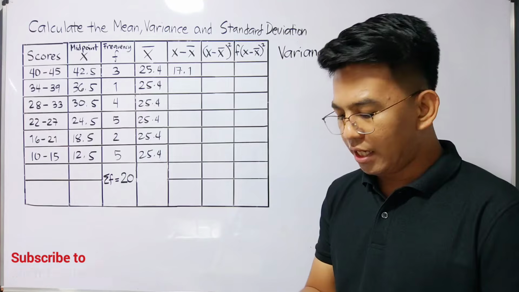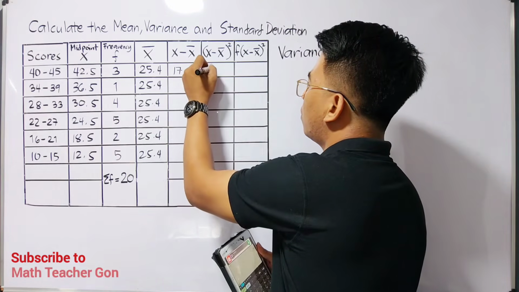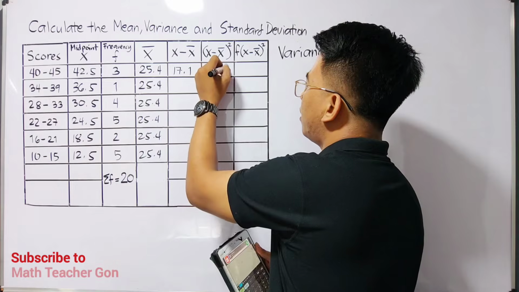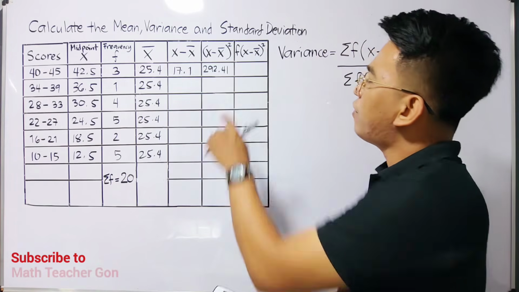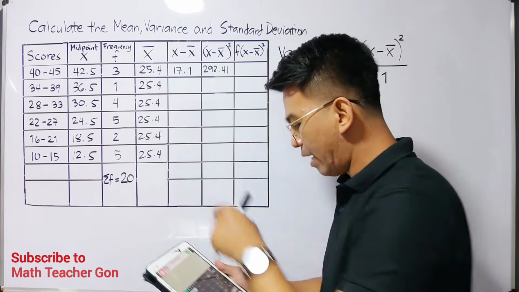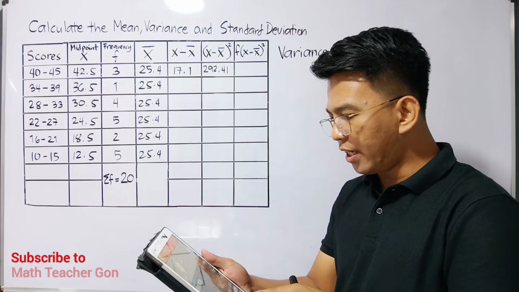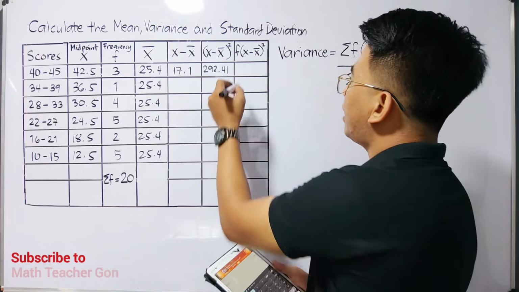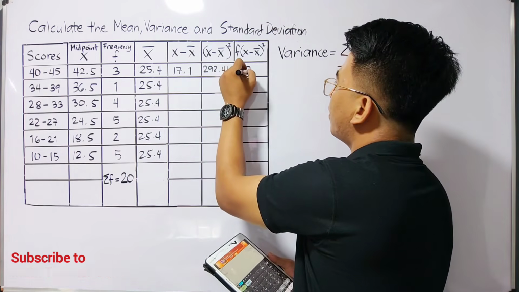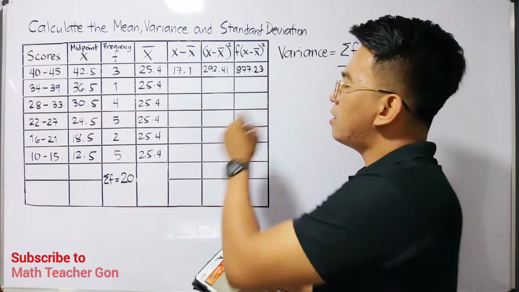The answer is 292.41. And after that, you multiply it by the frequency, which is times 3. So the result is 877.23. Do this until you complete it.